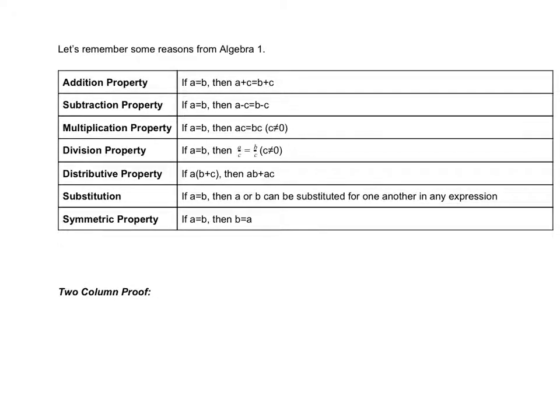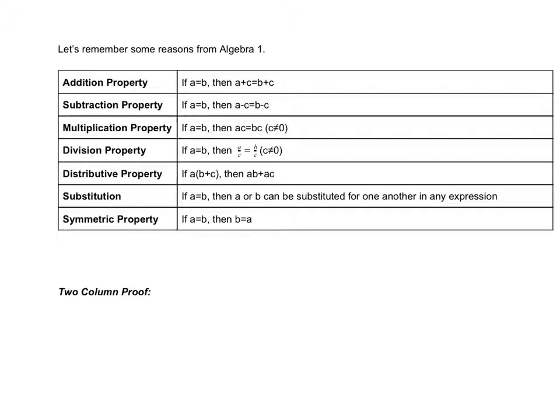So some of those reasonings are listed here, which may be familiar to you from Algebra 1. The addition property, which states if I add the same number to both sides, I'm allowed to do that. Subtraction, I can subtract the same number from both sides. Multiplication, you can multiply both sides by the same number as long as it's not 0. Same with division, you can divide both sides of an equation by the same number as long as it's not 0.